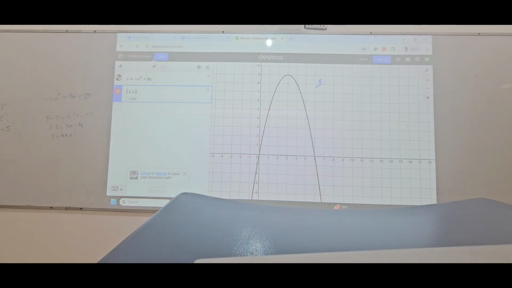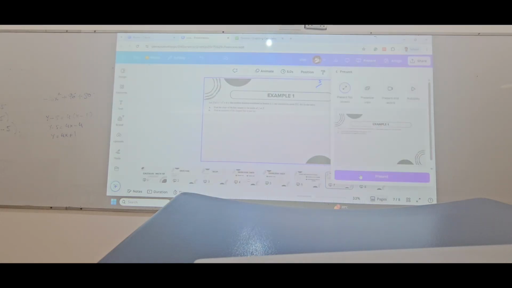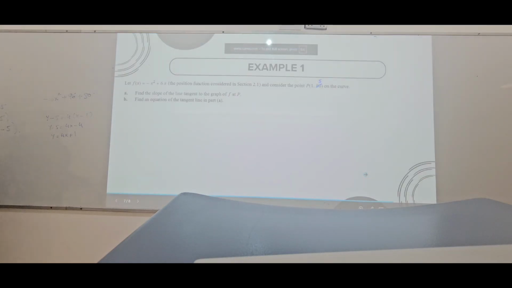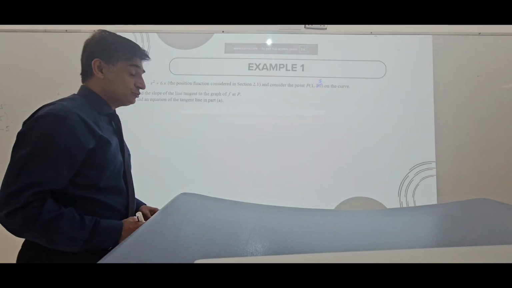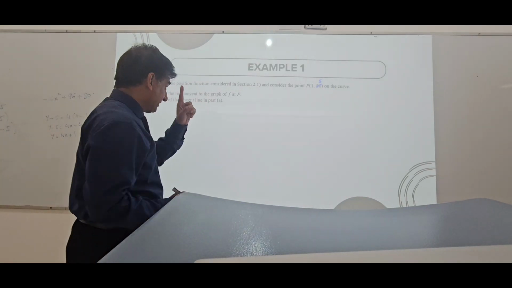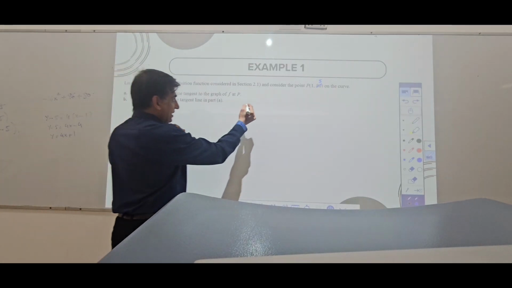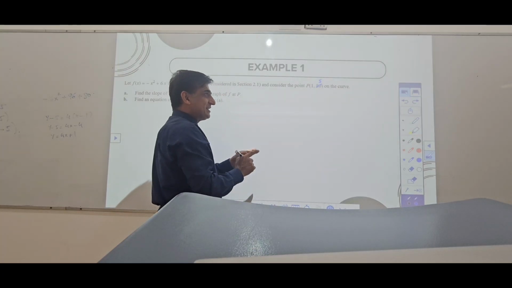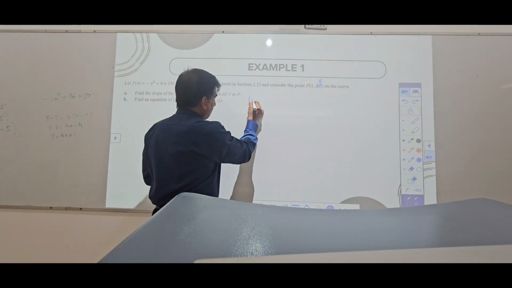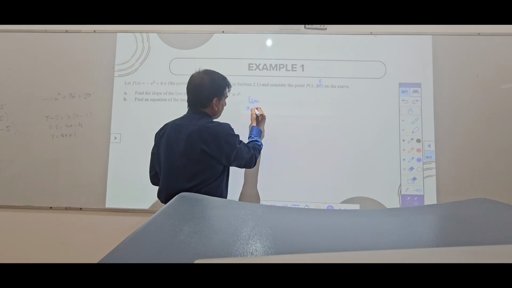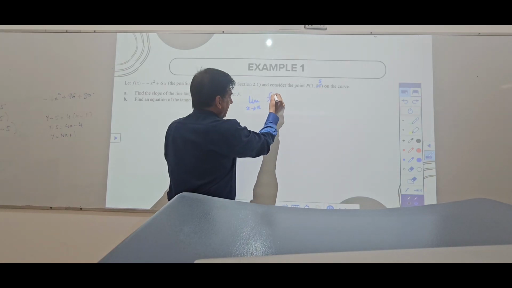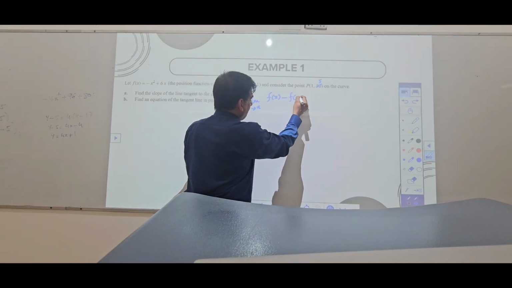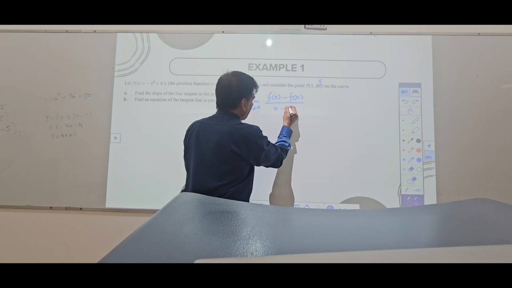So going back to our presentation here, let's start finding out the slope of the tangent line. And remember, the slope of the tangent line is the instantaneous rate of change, so we have the limit as x approaches a of f of x minus f of a, divided by x minus a.